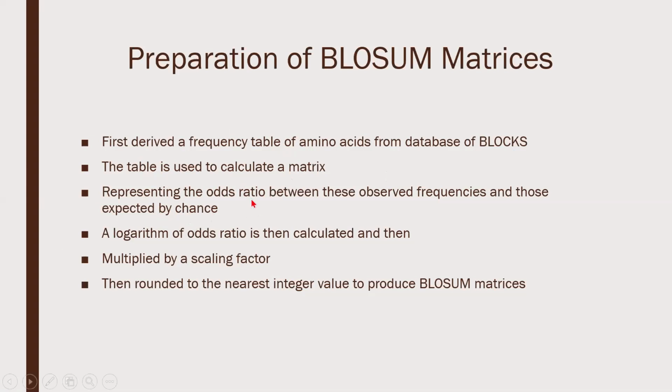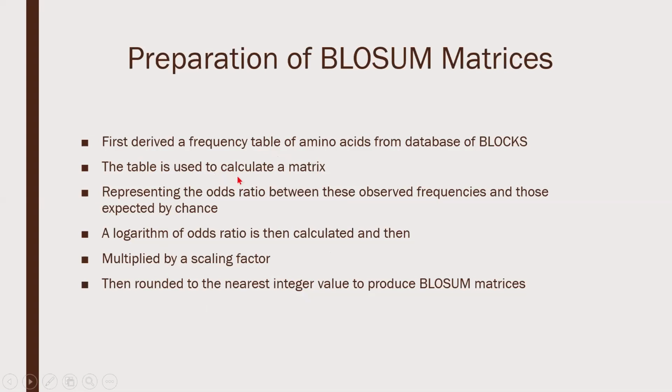Once this odds ratio is calculated, then the logarithm of the odds ratio is calculated, and then it is multiplied by a scaling factor, which will be rounded to the nearest integer value to produce the BLOSUM matrices. So these are the steps involved in preparing the BLOSUM matrix. First, a frequency table of amino acids from the blocks database is prepared.